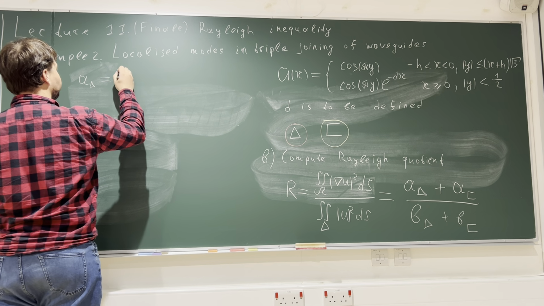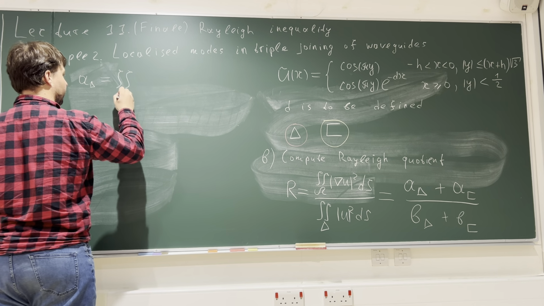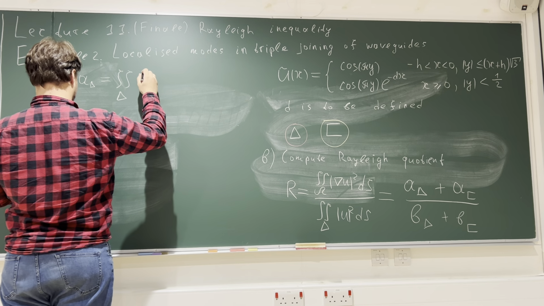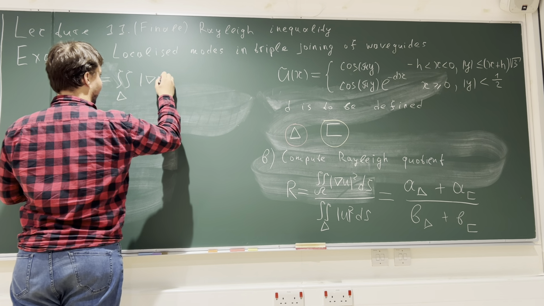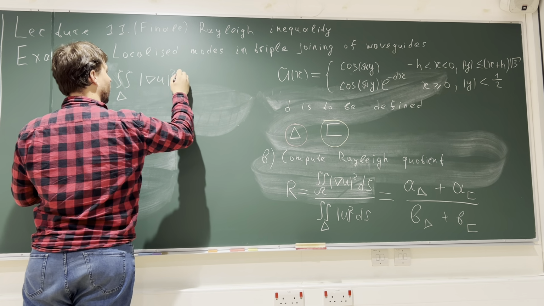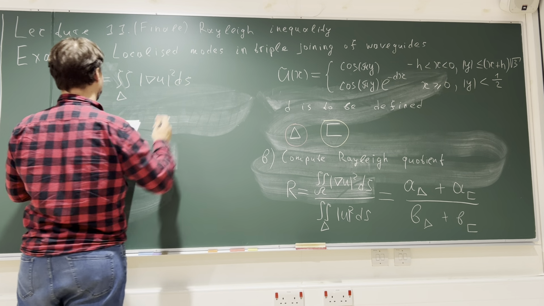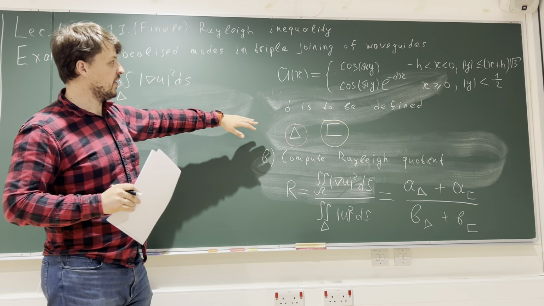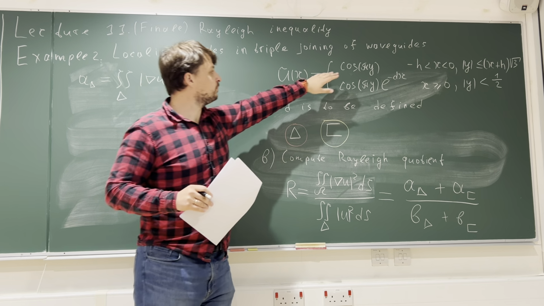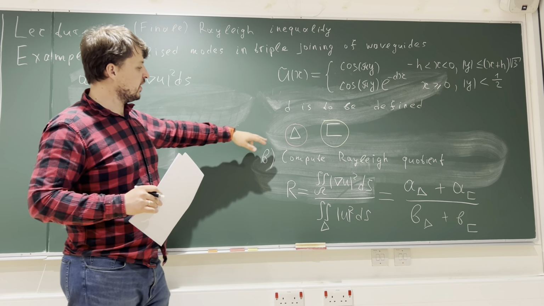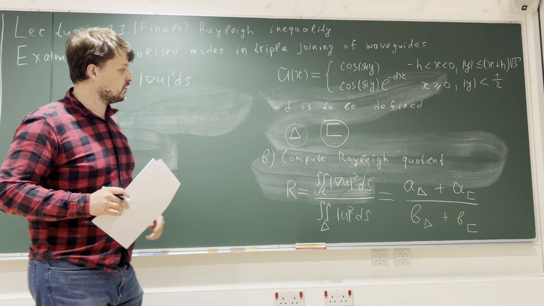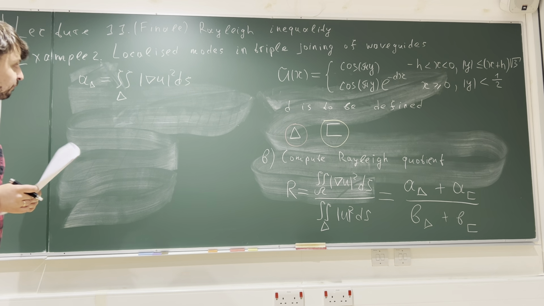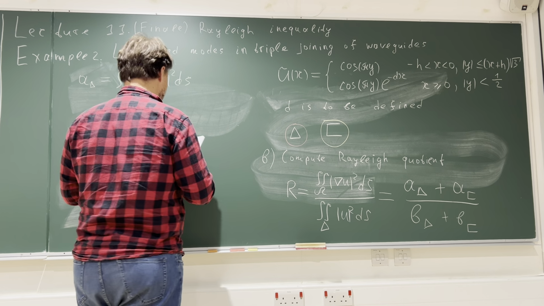A bit of algebra. So we just substitute this function and the gradient of this function and integrate it over the triangle. And I did it.